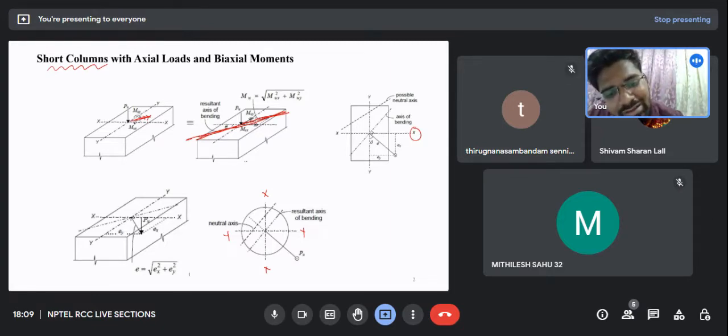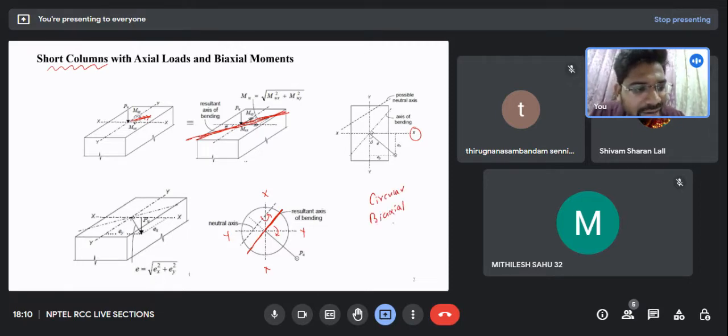Now when I take the resultant of two moments along the major and the minor axis, my resultant would be lying along this, and this would be the axis of bending. So you can see there is no change. In the case of a circular cross section, I can take the resultant of the biaxial bending moment and convert it into a uniaxial moment.